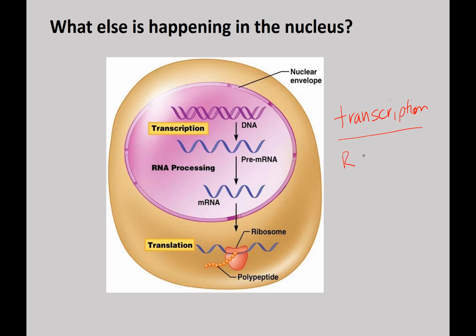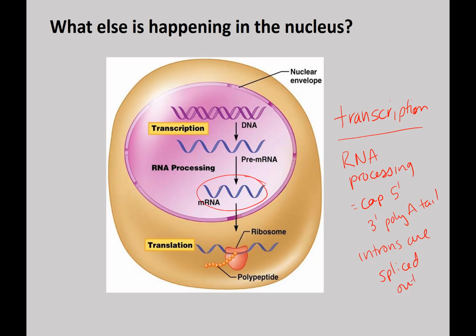Your pre-messenger RNA gets processing, which means it gets a cap, a 5' and a 3' poly A tail, and the introns are spliced out, and we get a mature mRNA, and that is what's going to be exported to the cytoplasm for translation.